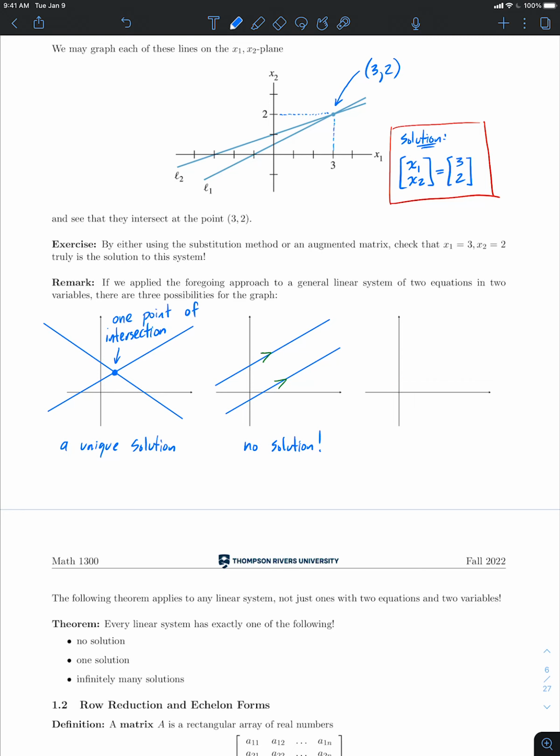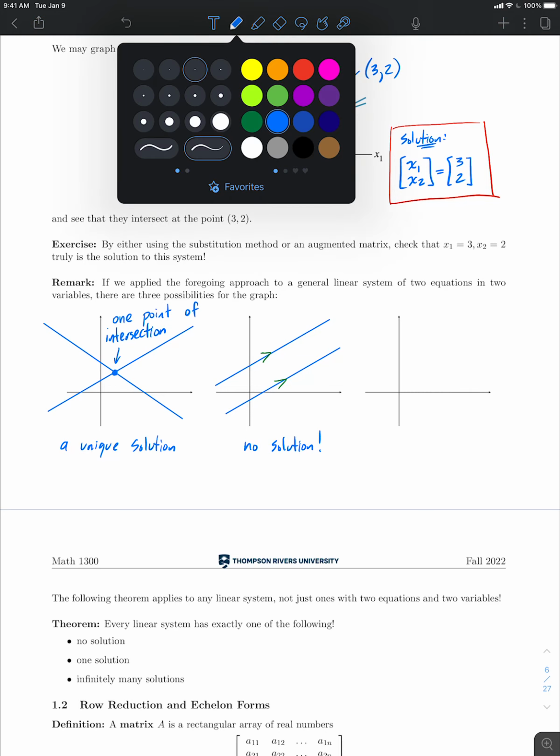But what could happen is maybe the two lines were actually just the same line. But if you look at your linear system, the two equations looked different. Like maybe one of the equations was just the other equation multiplied by two. And that can happen sometimes. And you may not notice it until you actually do the row operations. And then you'll find out that you really just have two representations of the same line.